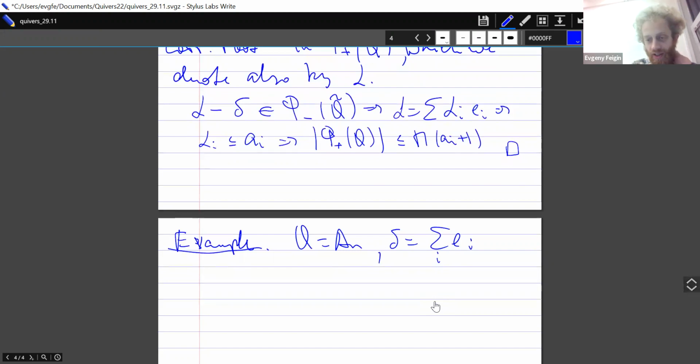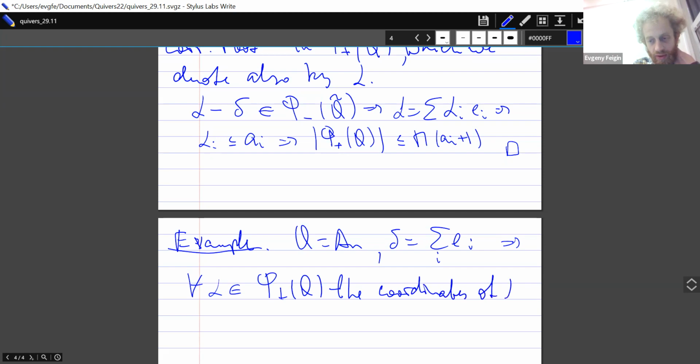And therefore, for each alpha from Φ+ of Q, the coordinates of alpha are at most 1. And actually, we know that just by concrete computation, but this is just one more reason for that.